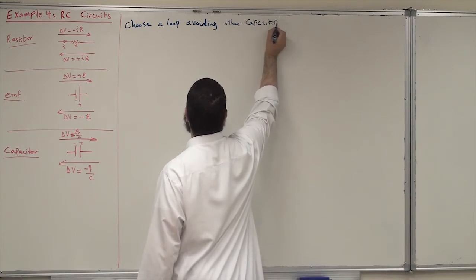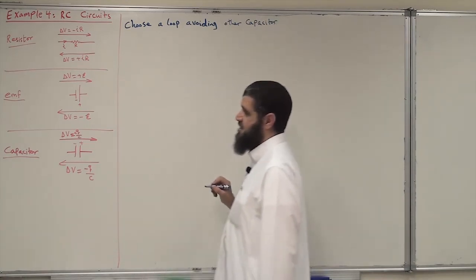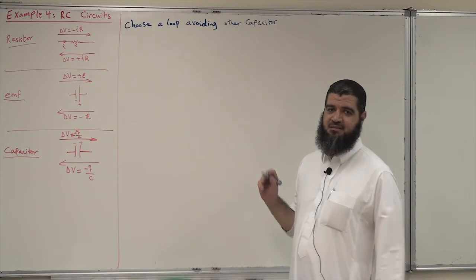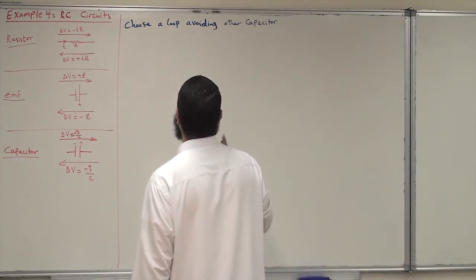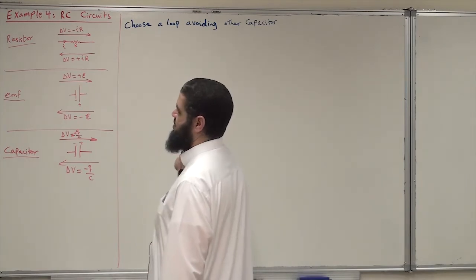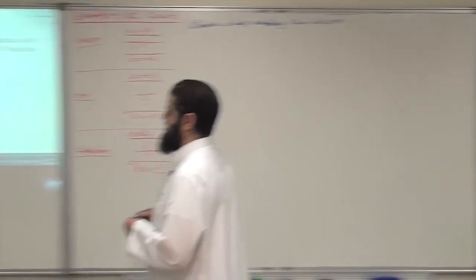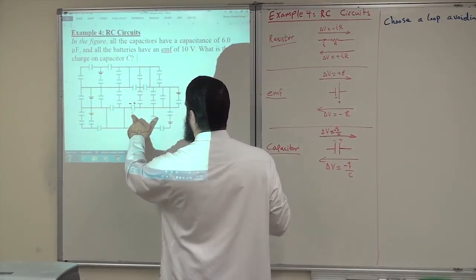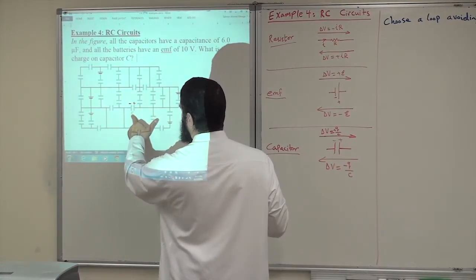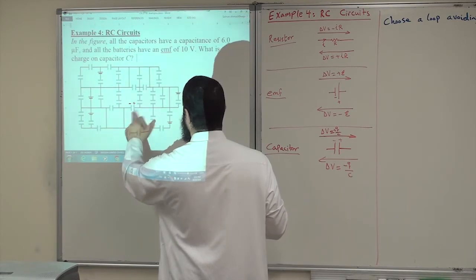Why? Because each capacitor will have its own charge and it will be very complicated. So many unknowns, and you will not be able to answer the question. So we will choose a loop with only one capacitor, which is this capacitor of interest. And others can be EMF, but not capacitors.